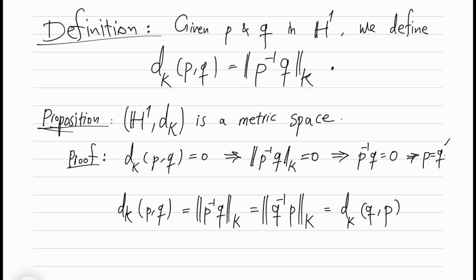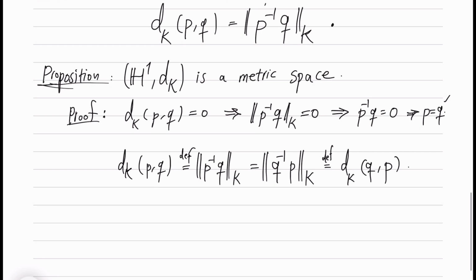That's why this one is dk of Q from P, and this one is P from Q. But fortunately, they coincide.